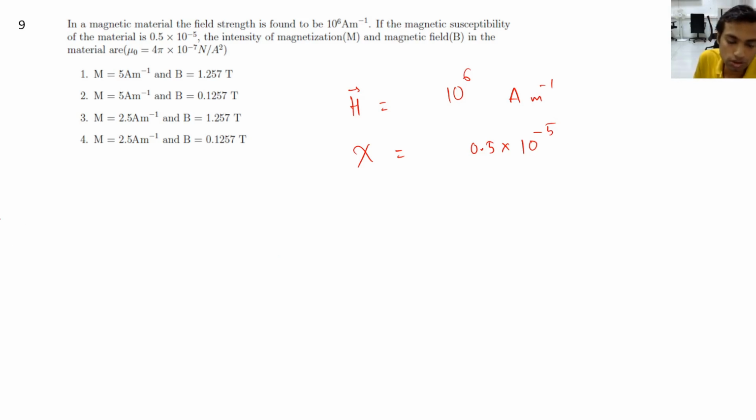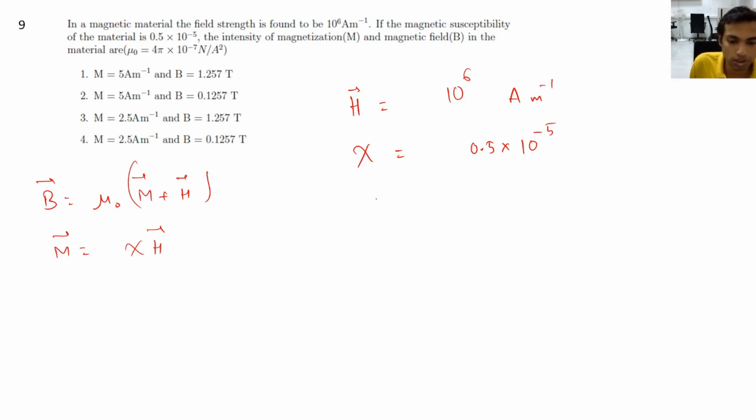So let us first calculate. This is just the basic electrodynamics formula. B is equal to mu naught times (M plus H), and you have to use M is equal to chi H, and if you just substitute here, you know H from these two.